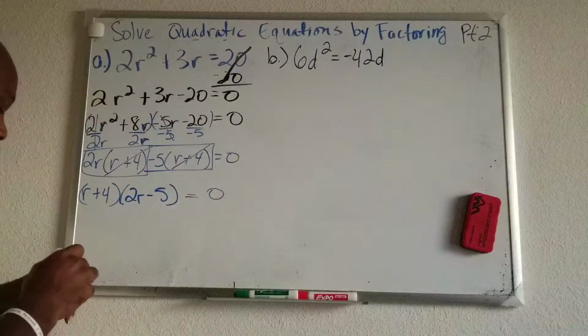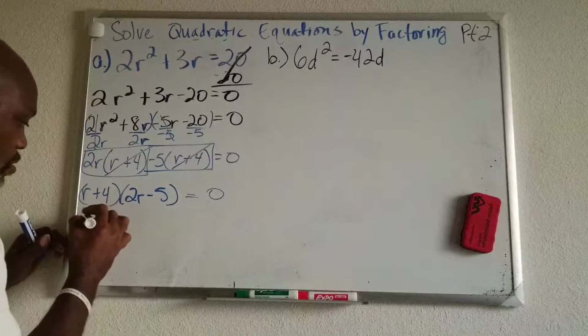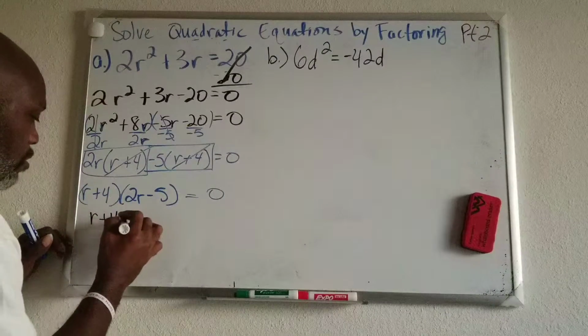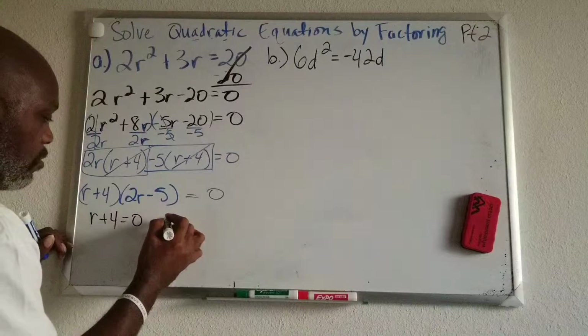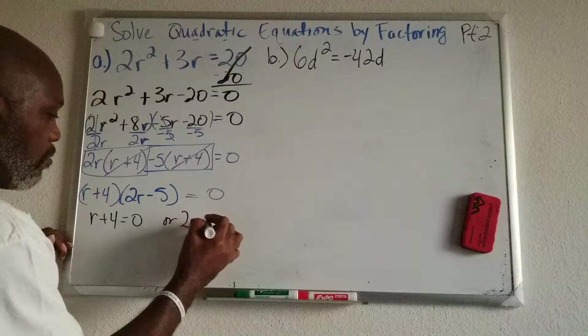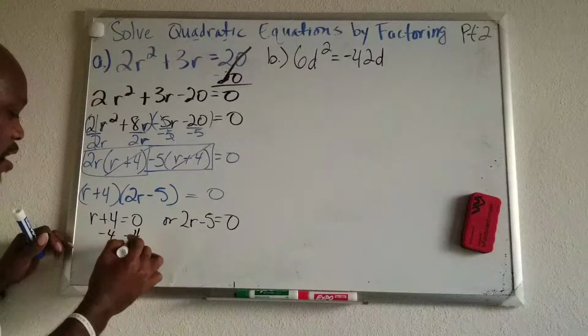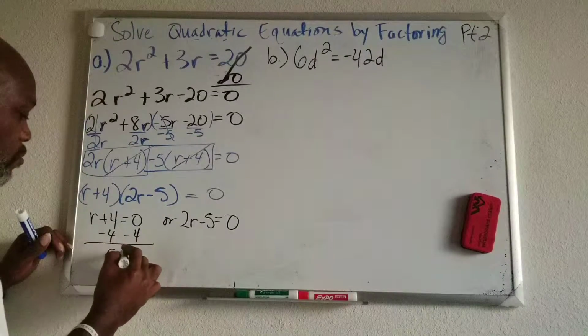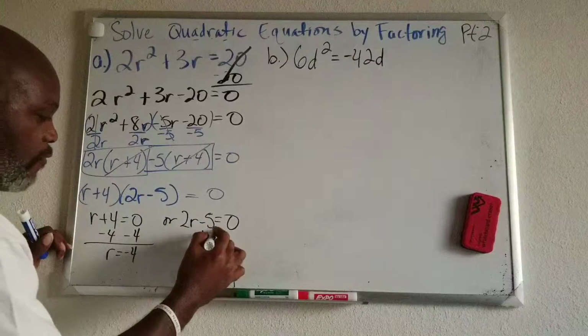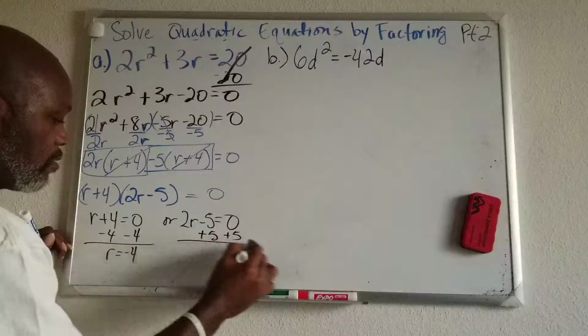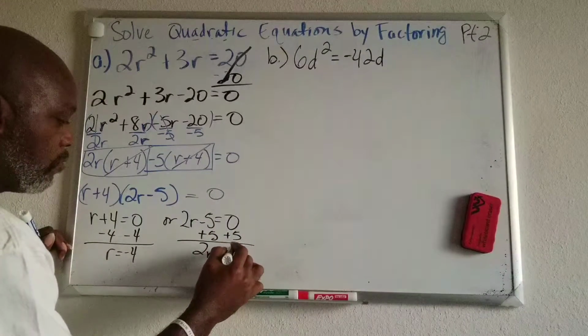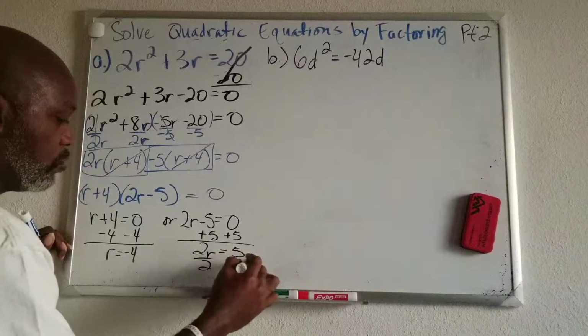All right? And so now we are going to write r plus 4 equals 0, or 2r minus 5 equals 0. Subtract 4 from both sides. We have r equals negative 4. We add 5 to both sides. We get 2r equals 5. We divide both sides by 2.